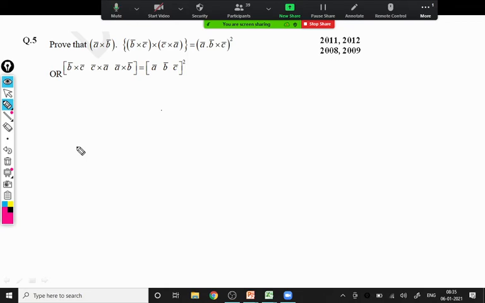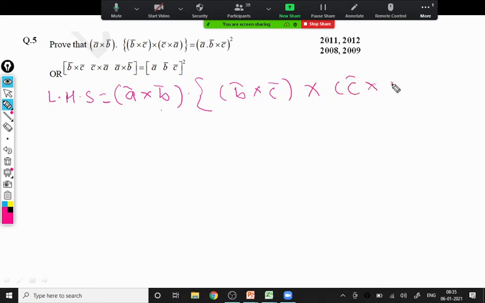So let me start with LHS. If the question is asked this way also, you have to write in this form. So you can start with the left hand side, that is LHS here, and we can write A cross B dot B cross C cross A. And now here we have to apply that formula.